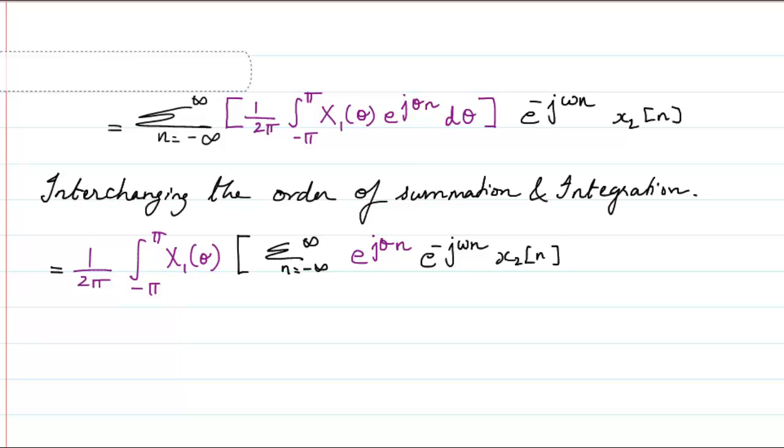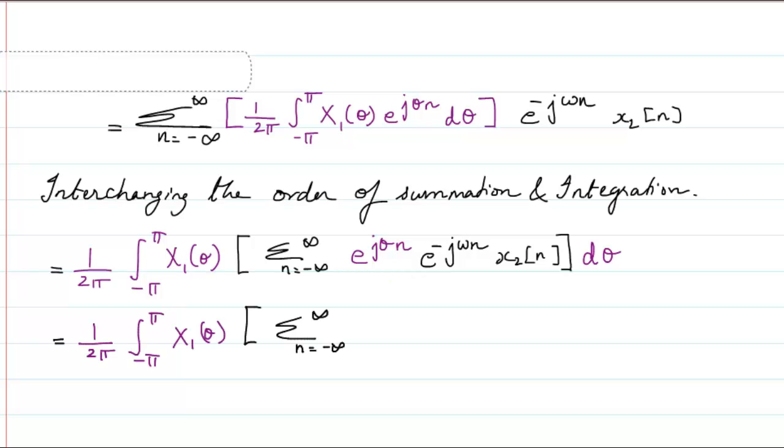Okay, so these are all with respect to n, and then we have the last d theta portion, which I can write here, d theta. Now these two can be joined together.